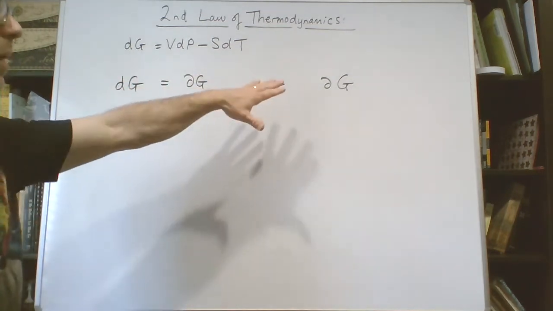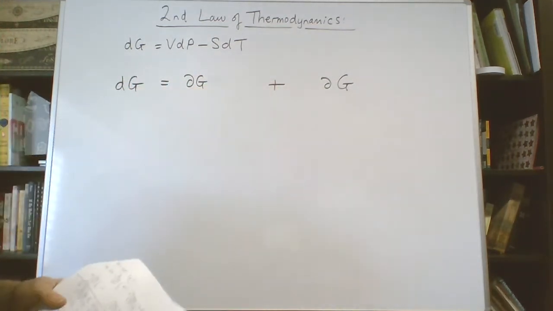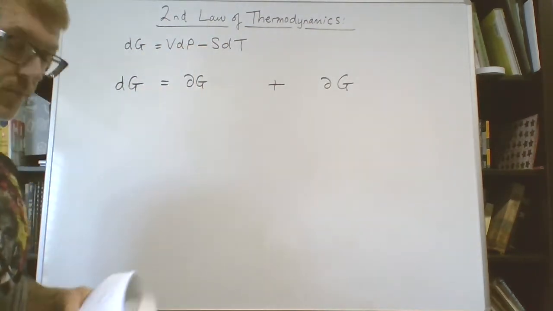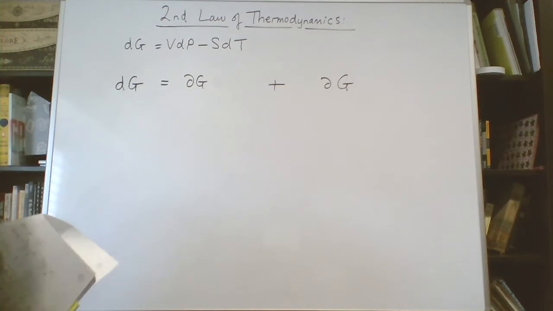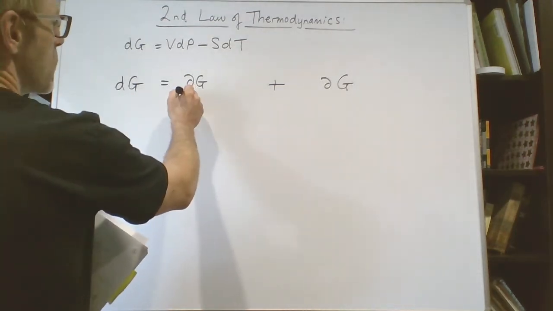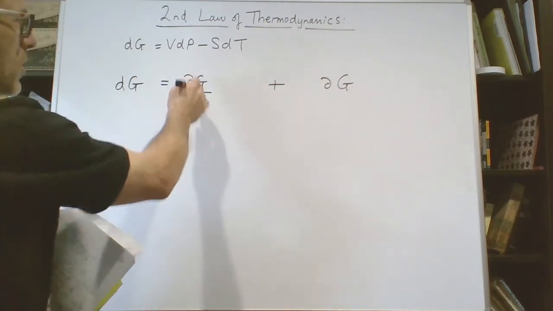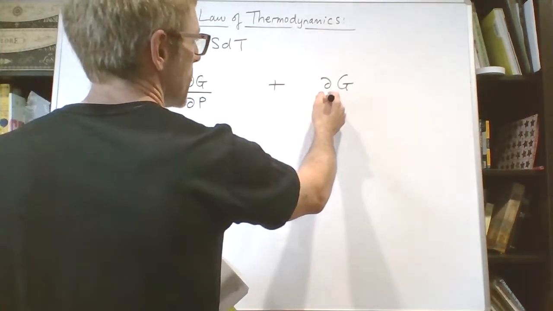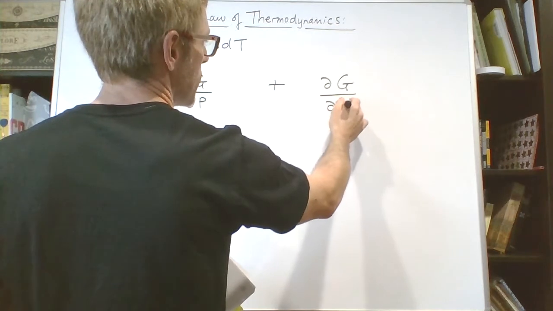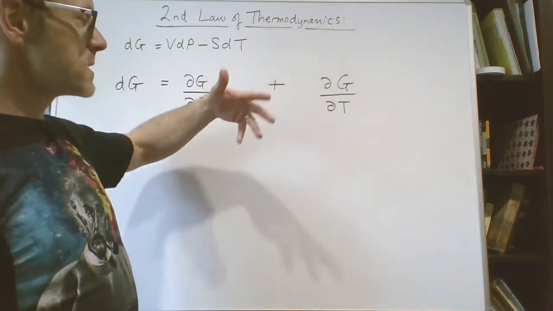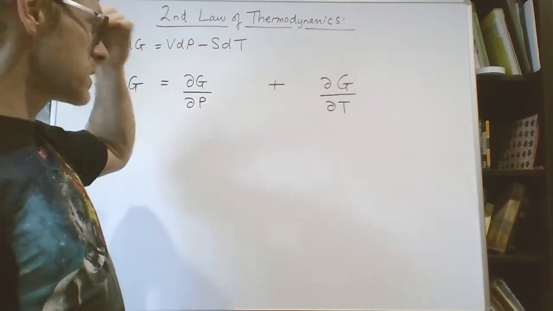What can affect these parts? What can affect these parts are the functions of G, which are pressure and temperature, which we identified earlier. So I want to look at the effect of pressure on Gibbs, and I want to look at the effect of temperature on Gibbs. So we're building this equation up slowly.